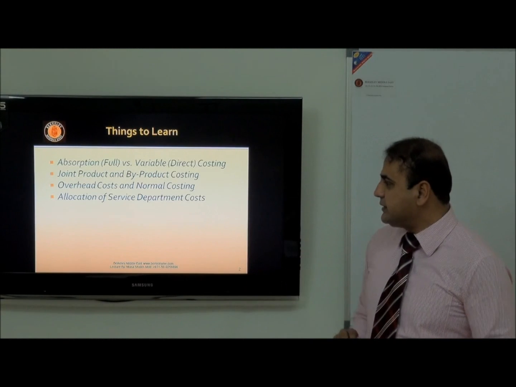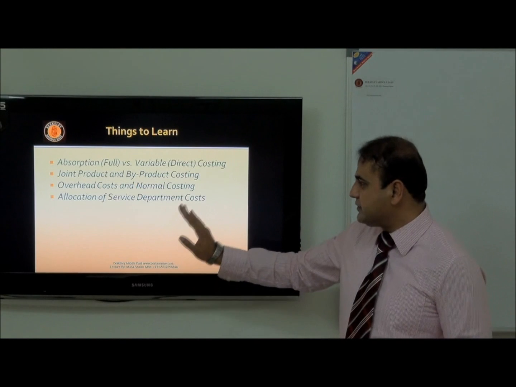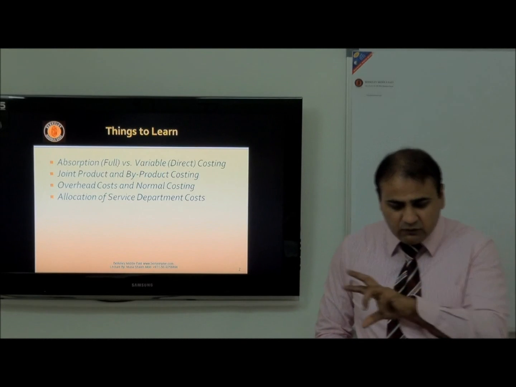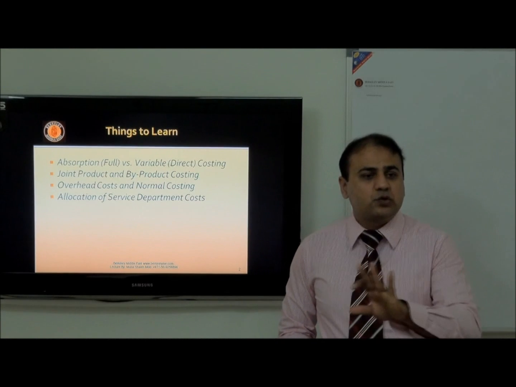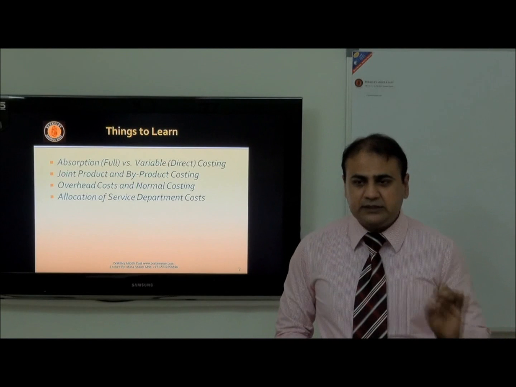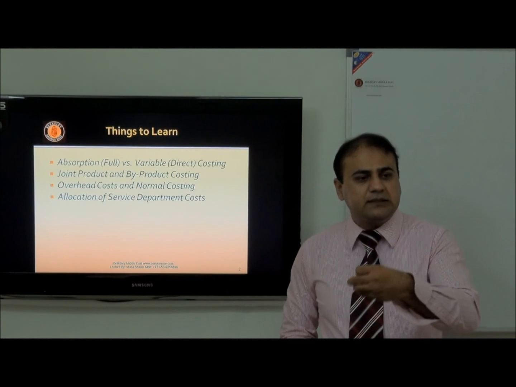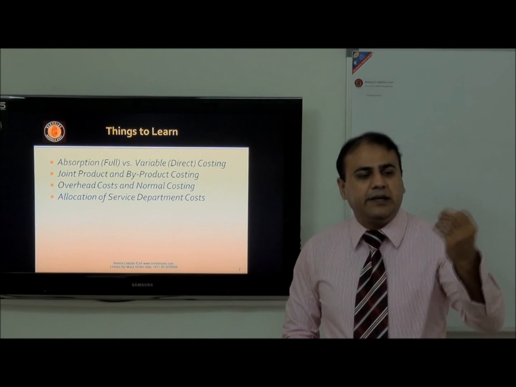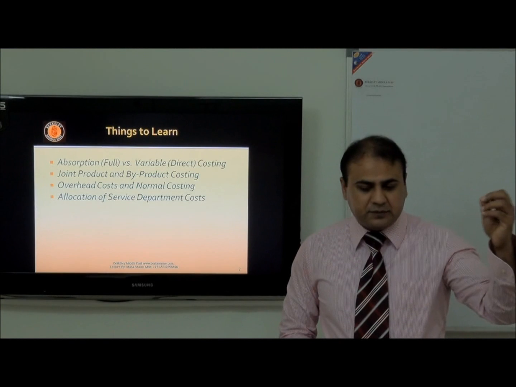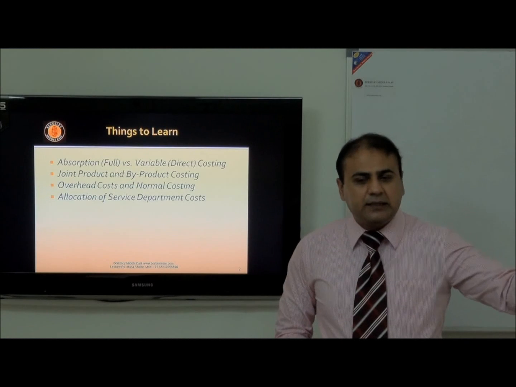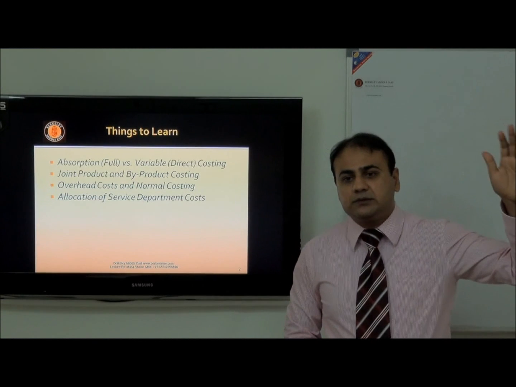And in the last we will discuss the allocation of service department cost. Now in one factory there are so many departments working. For example, we are making shoes: there is a cutting department, a leather finishing department, stitching and polishing department. Then there is a canteen department also.